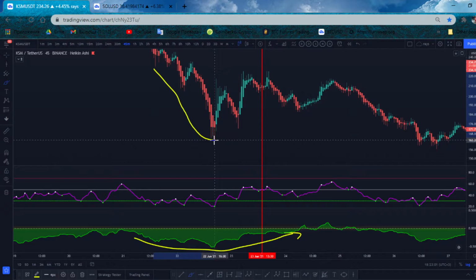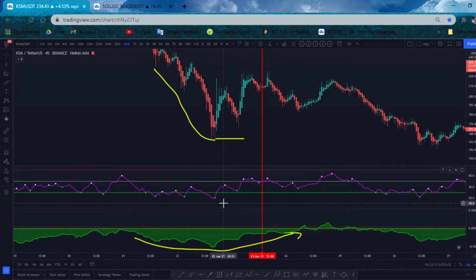It's going down, and it makes a bottom here, right? So on the RSI, we see that the trend is reaching the oversold region right here. One time we have a move to the upside.